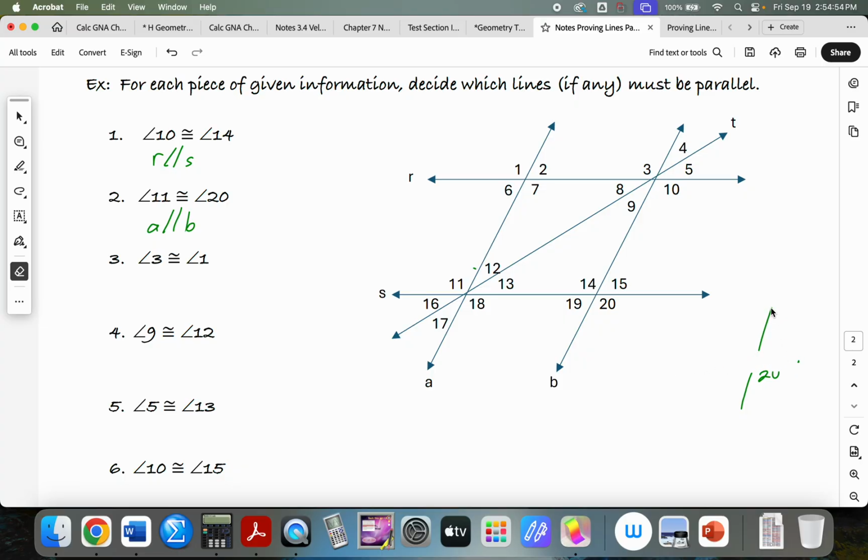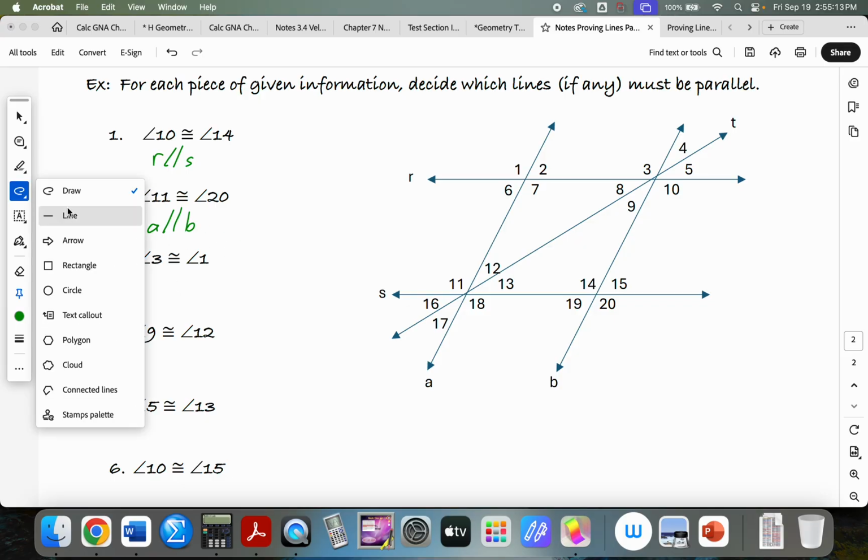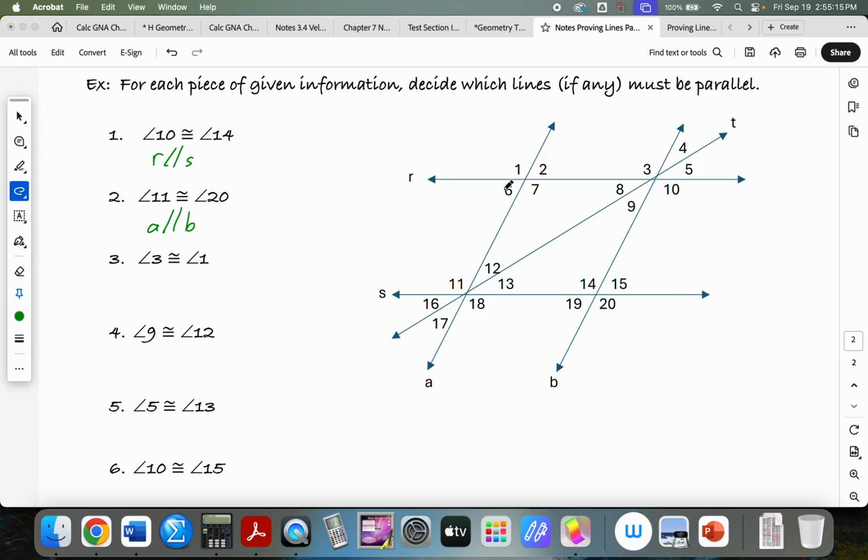All right, let's look at angle 3 and angle 1. First, identify what kind of angles are those? Corresponding. Is congruent the relationship we want corresponding angles to have? Yes. So I know something's going to be parallel. The only question is what?